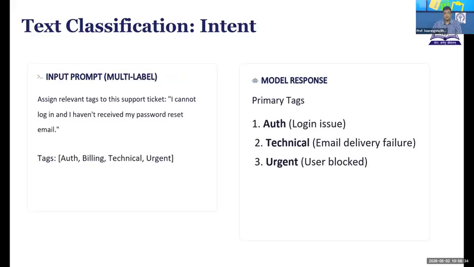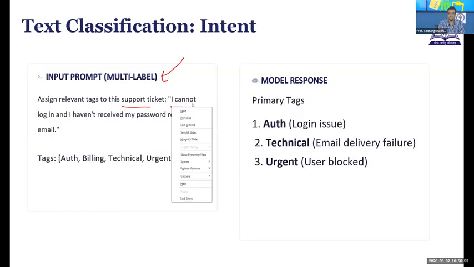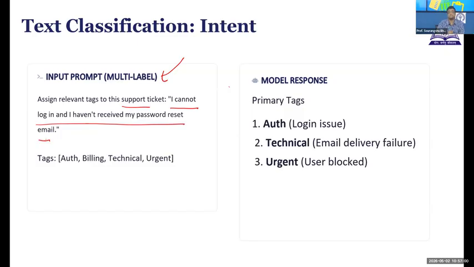Now this is a different kind of text classification. This is a multi-label classification. What is the question? Assign relevant tags to this support ticket, and you provide the text of the support ticket. The text is: I cannot log in and haven't received my password reset email. So what are the tags?